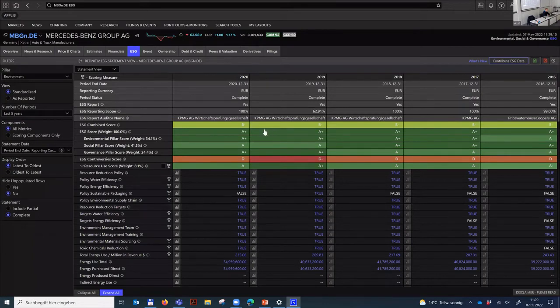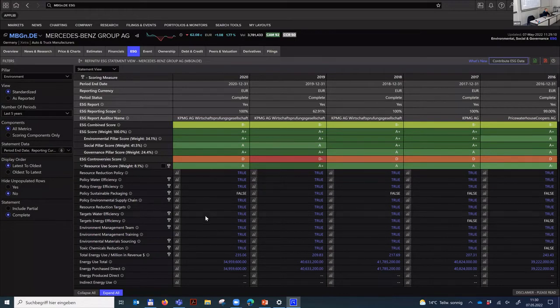It shows you a combined score of all the ESG scores that Thomson Reuters Refinitiv is tracking. Let me make an example. So the combined score is B-. The environmental pillar score, which has a huge weight of 34%, is A+. The social pillar score is A, and the governance pillar score is A+ as well.